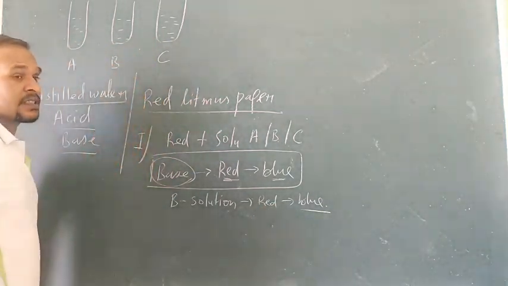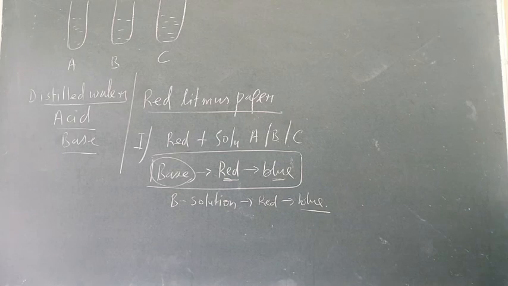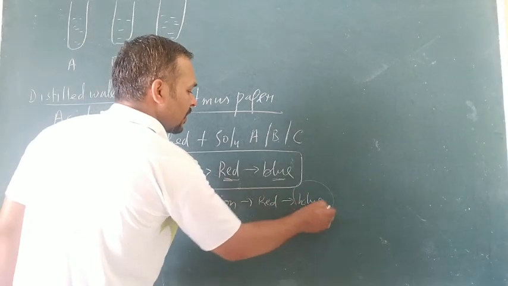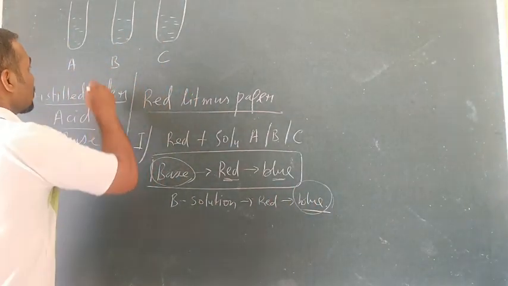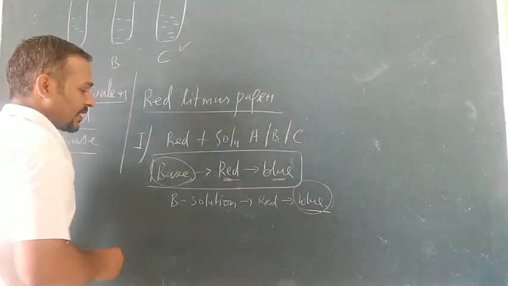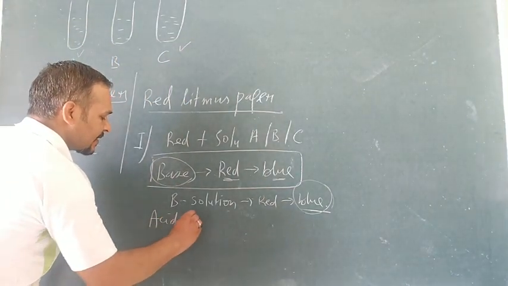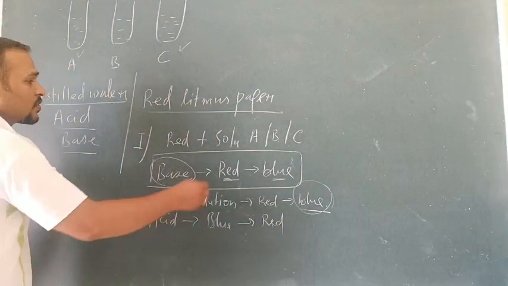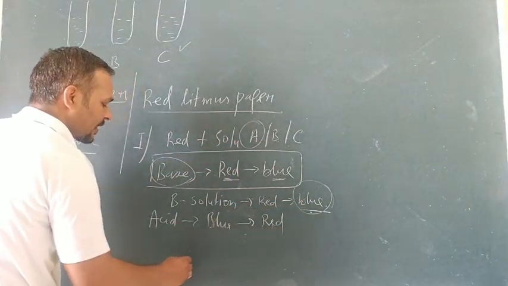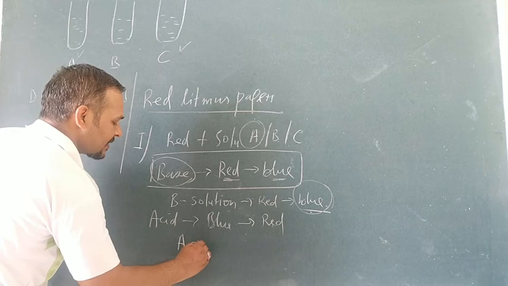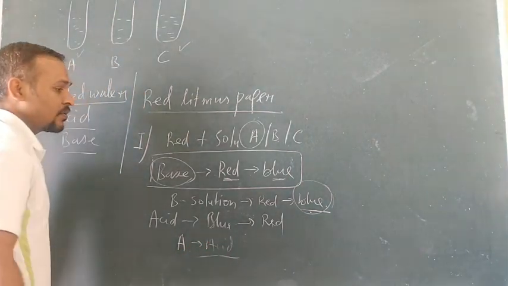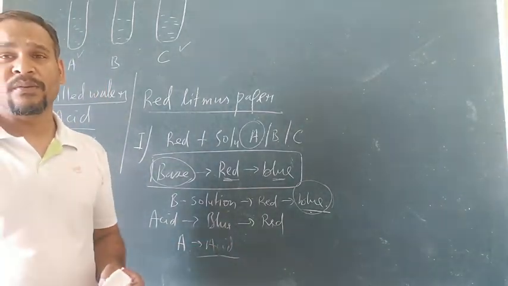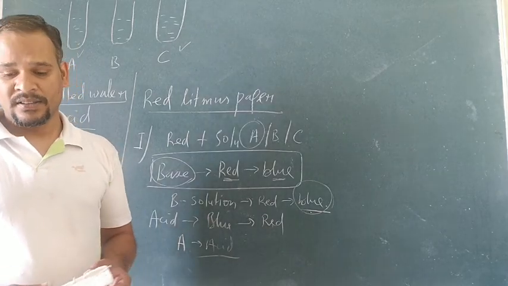You remove this B solution. Afterward we take this blue litmus paper and dip it in solutions A and C. We know that acid turns blue litmus paper into red. Suppose solution A turns this blue litmus paper into red, then we can say A is acid. Now the remaining one will be distilled water.